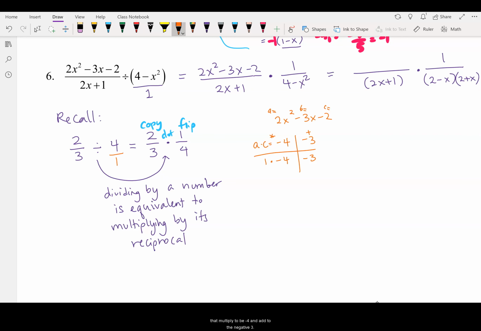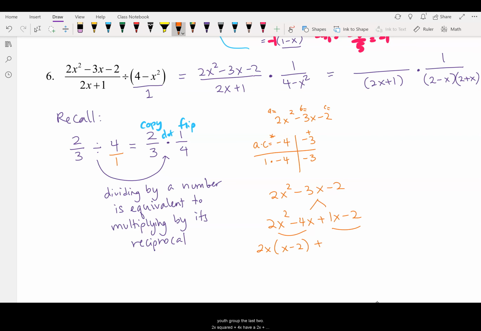And then I can factor 2x squared minus 3x minus 2, break that 3x into minus 4x plus 1x, and then bring down the 2x squared and then minus 2. Factor by grouping, group the first two, group the last two. 2x squared and 4x have a 2x in common, and I'm left with x minus 2.